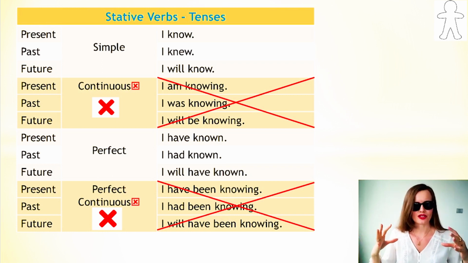We cannot use these verbs in perfect continuous tenses. Please remember this. Now we know that stative verbs cannot be used in continuous or perfect continuous tenses. That's why we should be able to identify them, to distinguish them from action verbs and to avoid making mistakes.